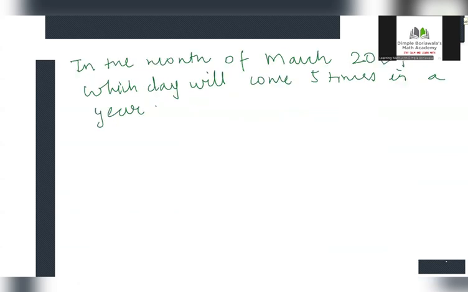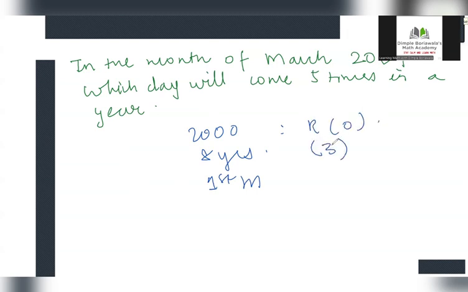Let's try another example. Straight away, we will take 2000. I will be going fast because now you know the calculations. 8 years, March, 1st March. Remainder 0. For 8 years, when you calculate the remainder, you will get 3. And for 1st March, when you calculate the remainder, you will get 4. 3 plus 4 is 7.